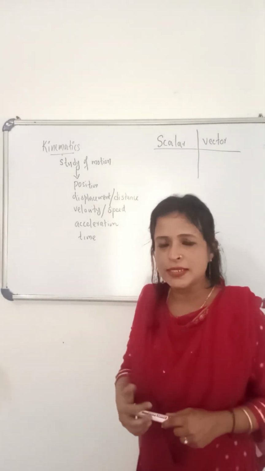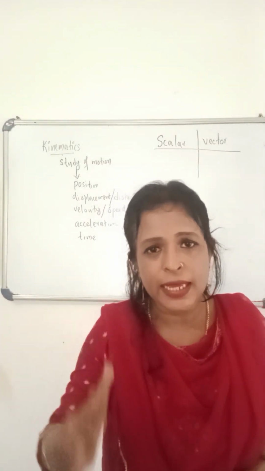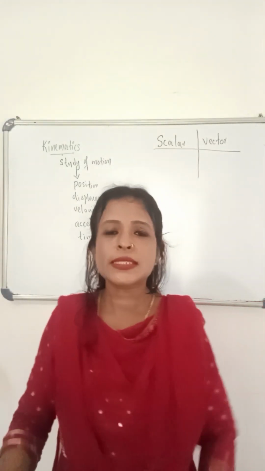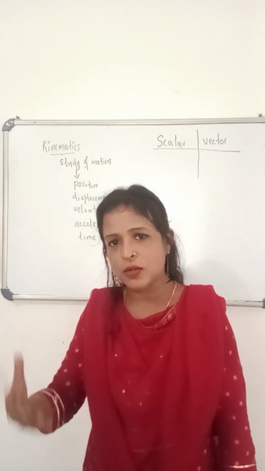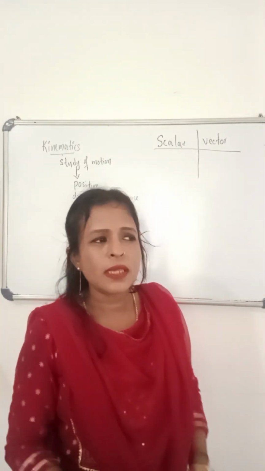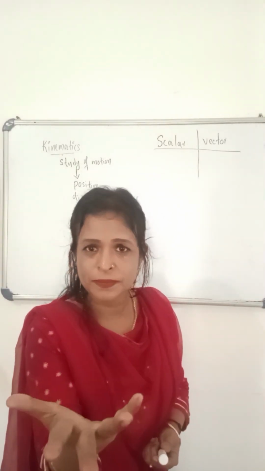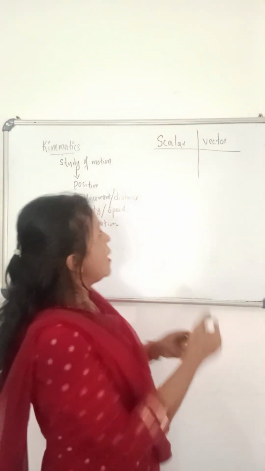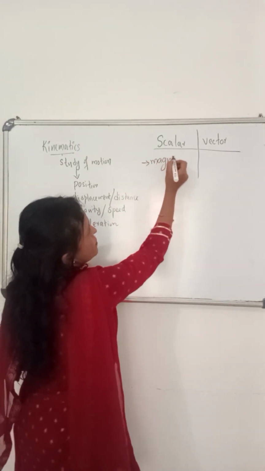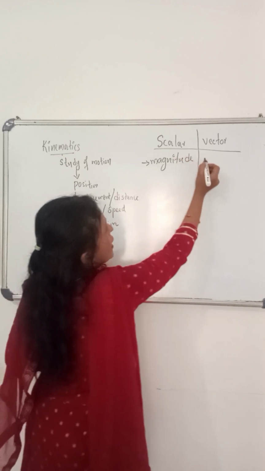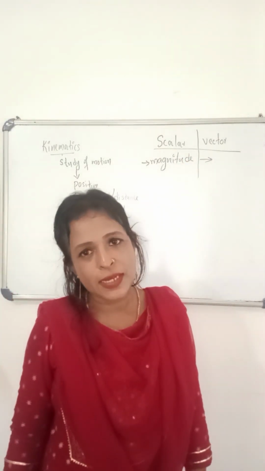What is scalar quantity? From smaller classes onwards, you are studying the differences between scalar quantity and vector quantity. Scalar quantity means having only one magnitude. Magnitude only. Vector means having magnitude as well as direction.